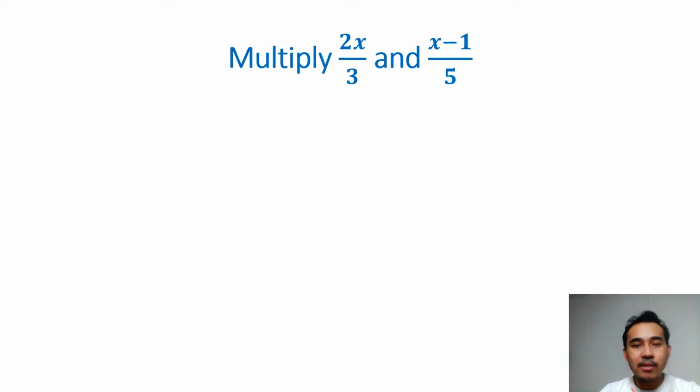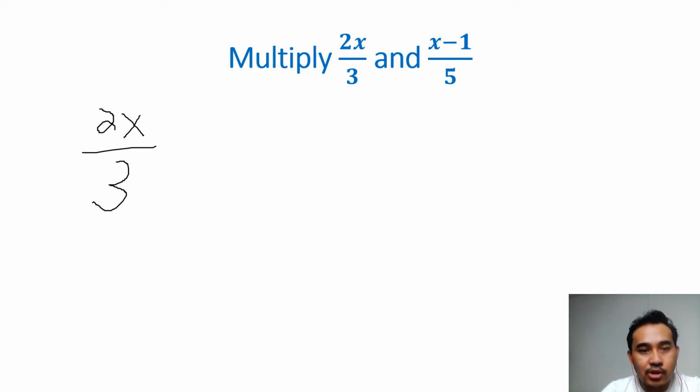Okay, let's have another example. Multiply 2x over 3 and x minus 1 over 5. So you have 2x over 3, that's an algebraic fraction, and then multiply by x minus 1 over 5.